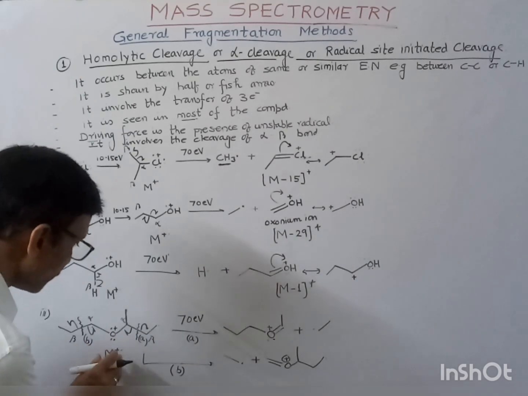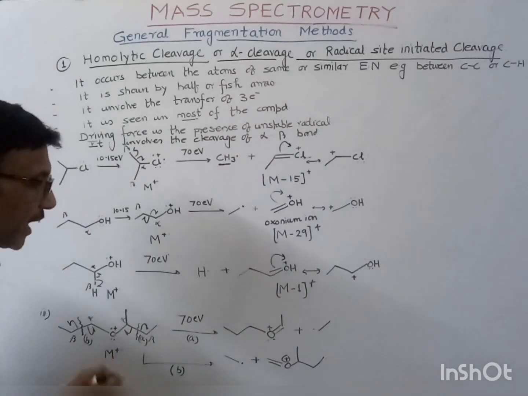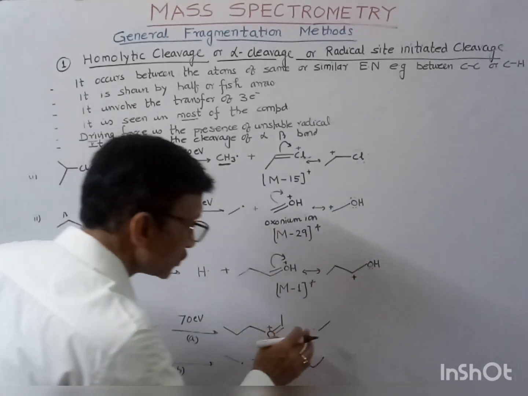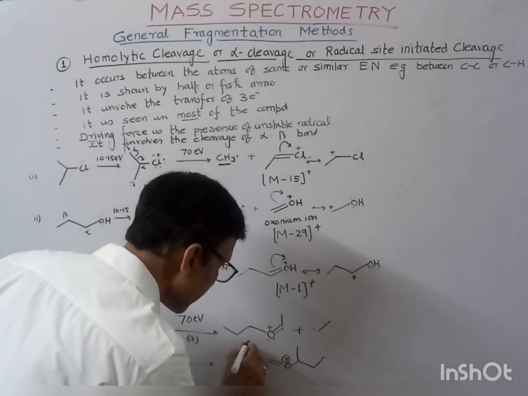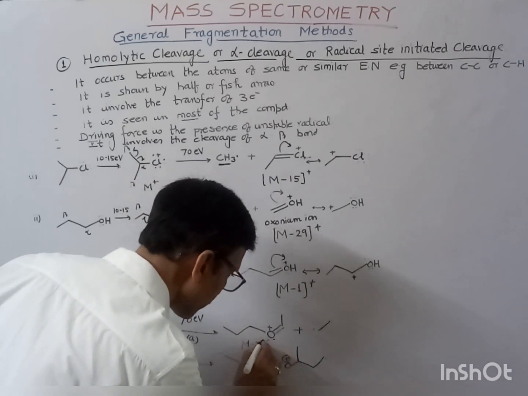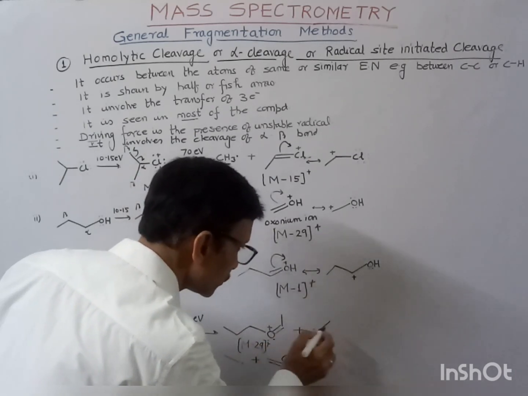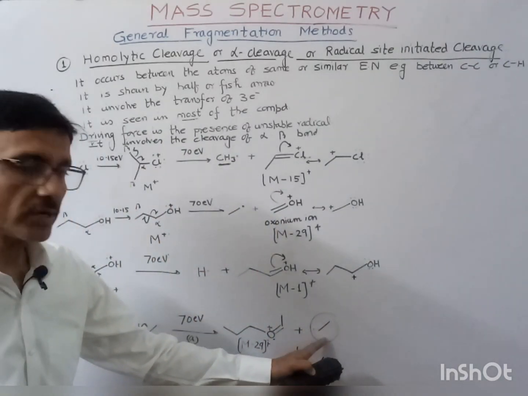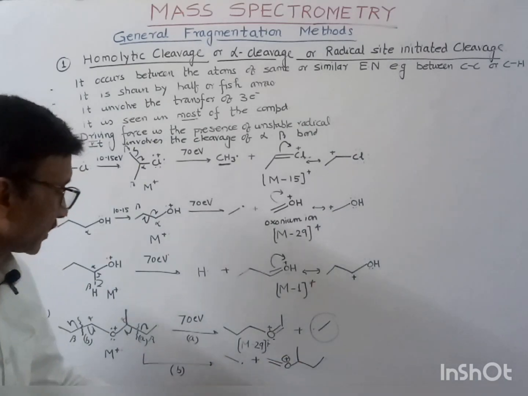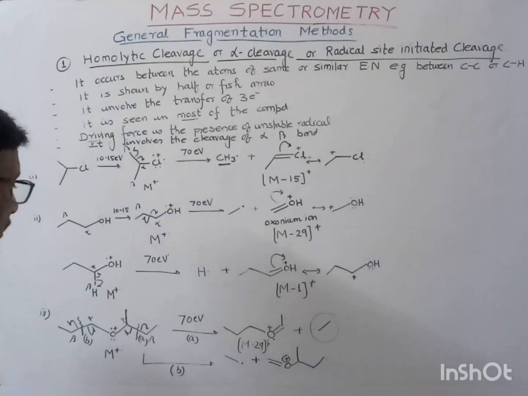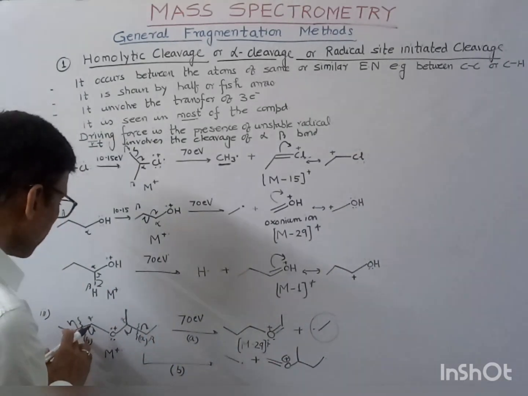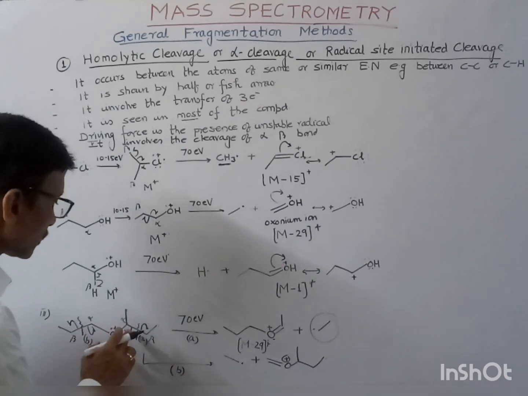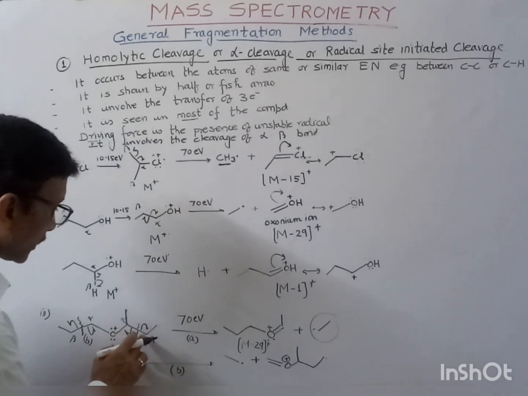So we are getting the peak due to this molecular ion, and we will also get the peak due to M minus 29, since the mass of the ethyl radical is 29. Again here also an ethyl radical. So either the cleavage may take place from here, or the cleavage may take place here also.